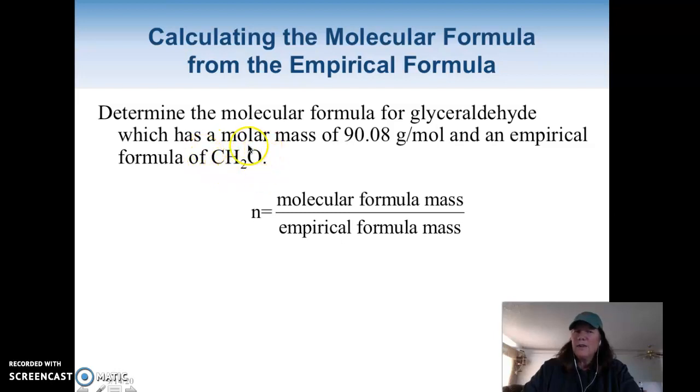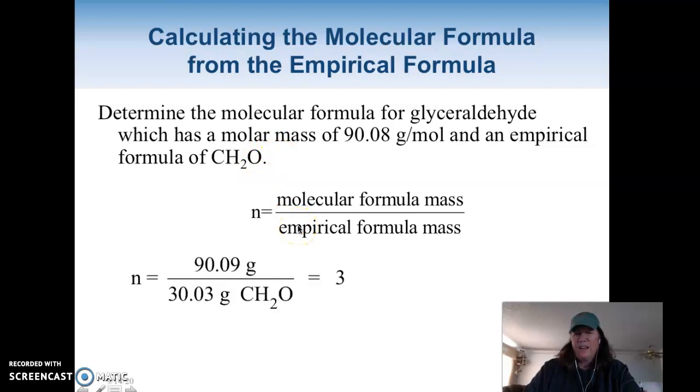So altogether, the empirical formula mass of this is 30. So if I take 90 divided by 30, I'm going to get 3. So then I'm just going to multiply everything in here by 3. So it'd be C3H6O3. I think I got all that. Yep. 90 divided by 30, you get 3. This is what it says it is.